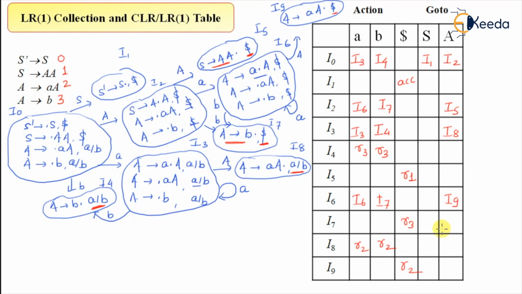So that is your LR1 collection, as well as the table I have constructed. Why did I do it here? Only so that you have a fair understanding. No calculation is required for the follow set entries.